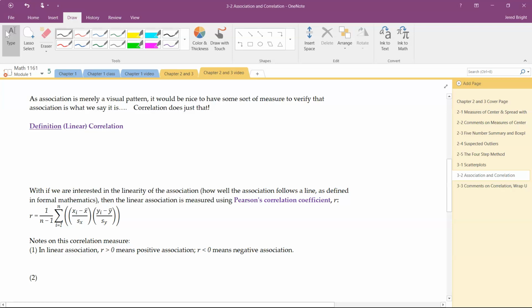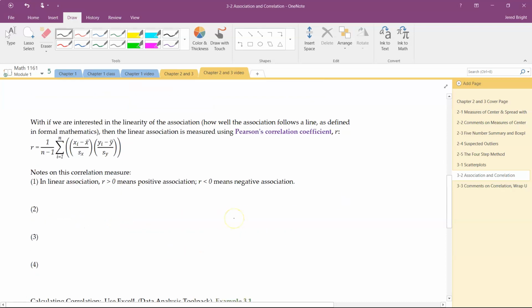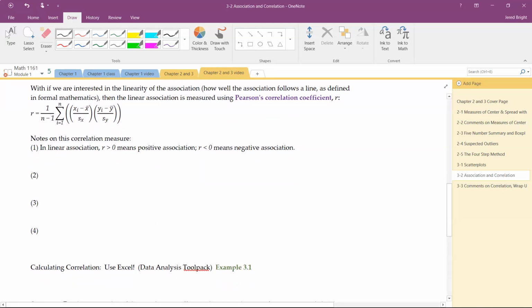If we are interested in how well the data fits a curve that is not a line, then there are different types of correlation coefficients we can calculate. We will see this in Excel. We're not going to do this calculation by hand. It is god awful.